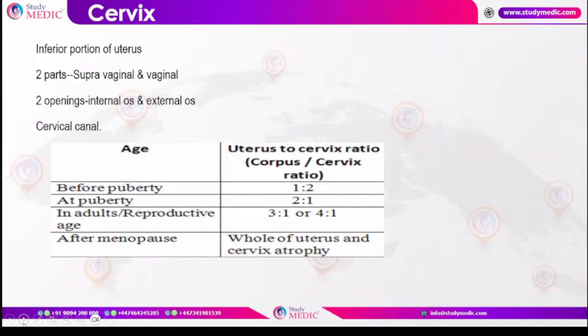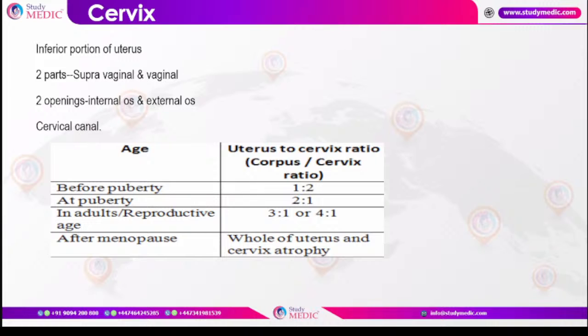Before puberty or at birth, because of less estrogen, the fundus is relatively very small compared to the cervix. So before puberty, if the uterus is 1, the cervix is 2 times that of the fundus or the uterus.